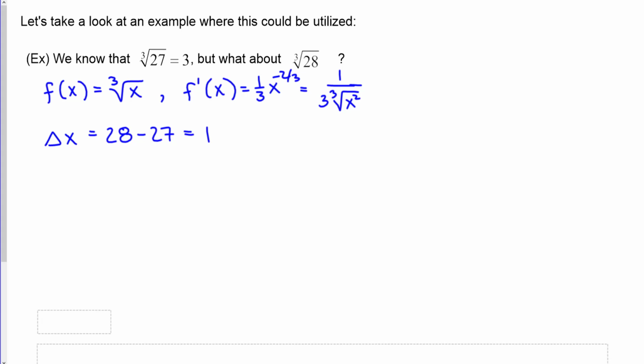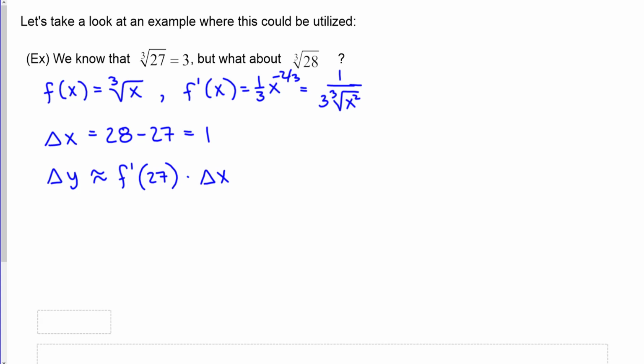My delta y, so the change in the y values, is going to be, well, I should be careful and say this is approximately the derivative evaluated at the original point, 27, times delta x.